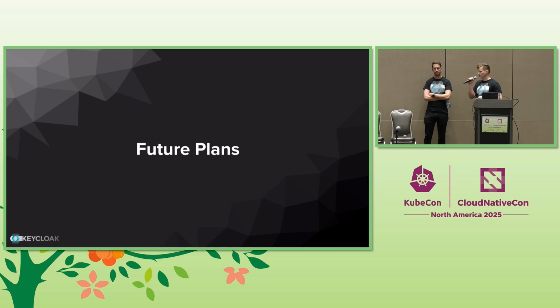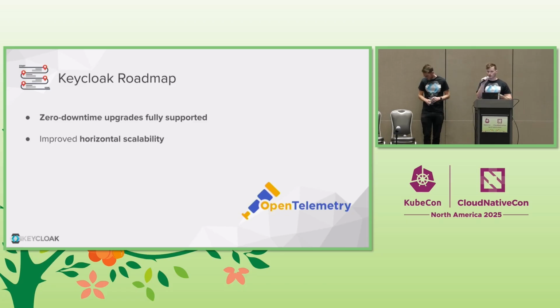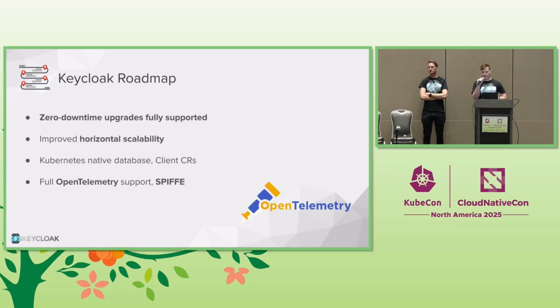So getting back to Keycloak itself, what are the future plans for Keycloak? What is on our roadmap? The first thing is that zero downtime upgrades is fully supported, then improving horizontal scalability, Kubernetes native databases and support for client CRs, then full OpenTelemetry support for our observability stack, and full support for SPIFFE.